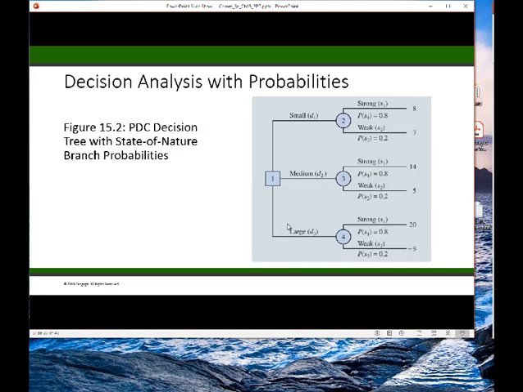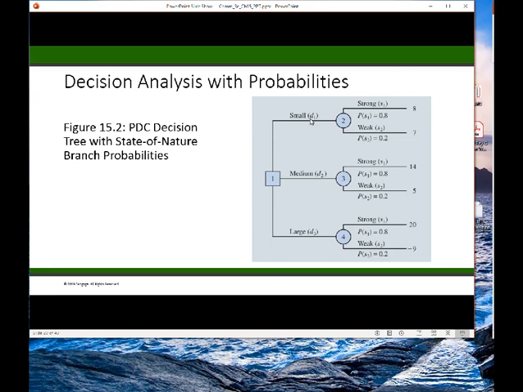And we take the payoffs for each of the branches, small, medium, large, strong, and weak, and we calculate the weighted average by multiplying the probability. So in the case of a small complex, the net payoff would be 8 for a strong demand, and there's an 80% chance of a strong demand, so 8 times 0.8 is 6.4.